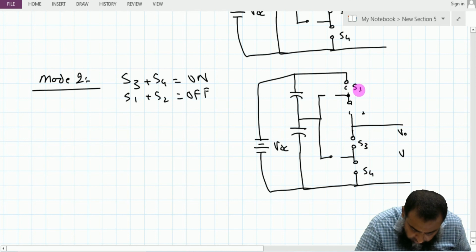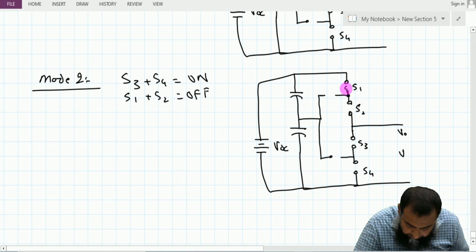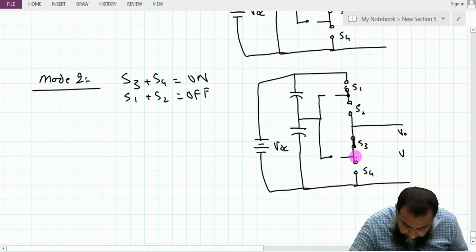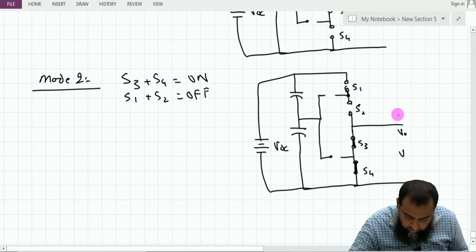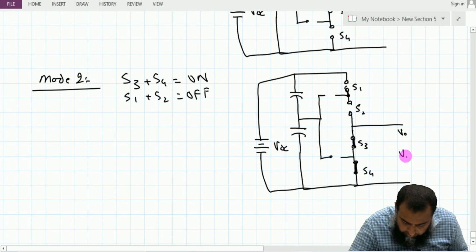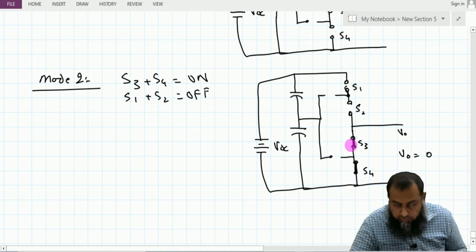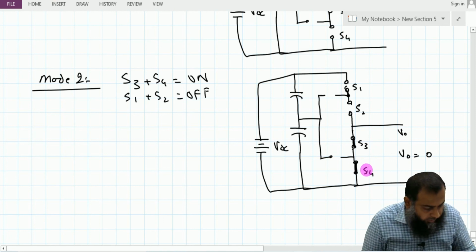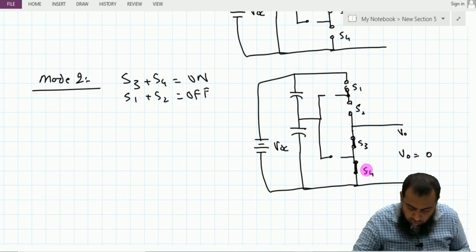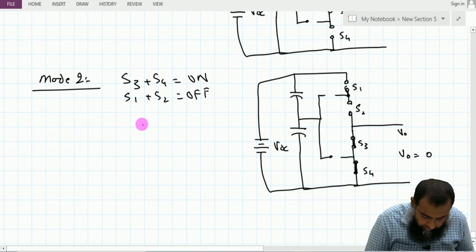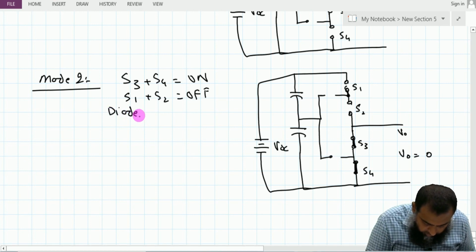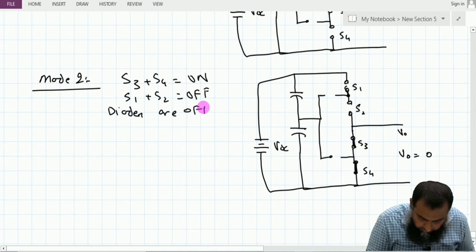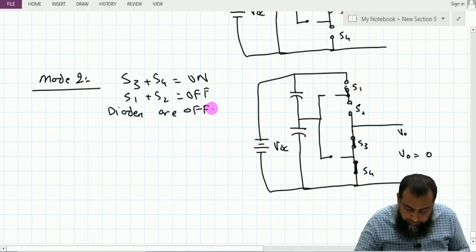S1 is off, S2 is off. However, this S3 is on, and this S4 is on. So this V0 is equal to 0, because now V0 is connected with this ground terminal. So we have 0 output available. Again, the diodes are off for this leg A.